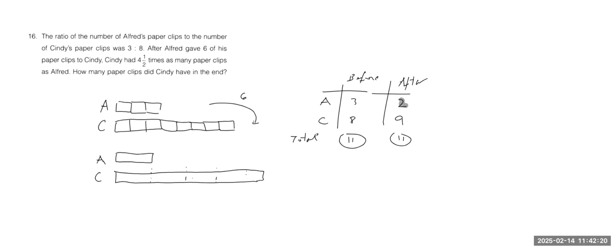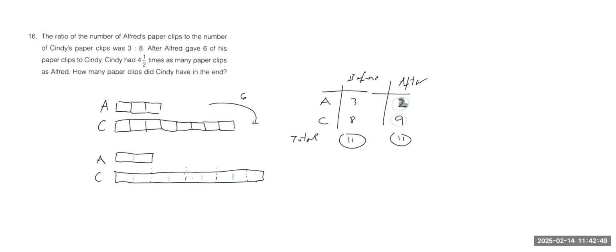Okay, more to scale. You don't have to do that when you are solving problems at all, but just for this discussion. Okay, so now back to the idea that we are talking half units here. So we're gonna split each of these into 2. And so now we really have 2 units for Alfred compared to 9 units for Cindy.